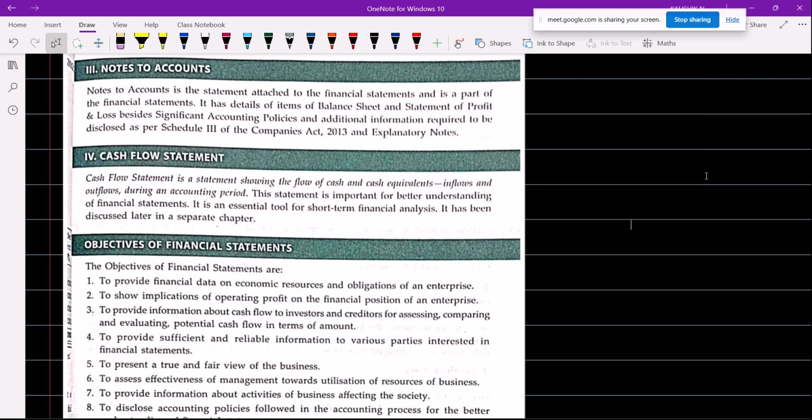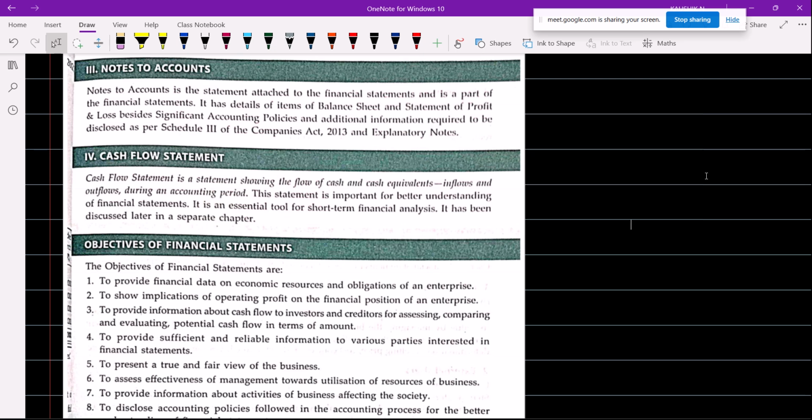Before going to today's concept, just a quick recap. What is the schedule that we are following to prepare the balance sheet, what is the part number, whether it is Part 1 or Part 2, and what is the act under which we are preparing the balance sheet of companies? I repeat my question.